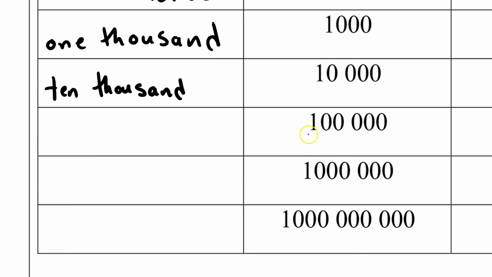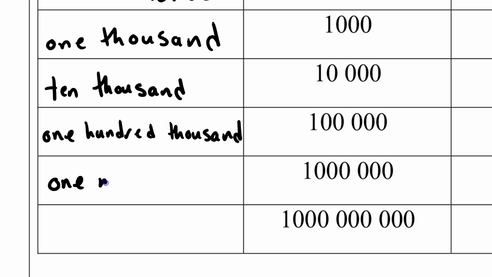This next one is going to be 100,000. The next one here is going to be 1,000,000. And then from 1,000,000 we go 10 million, 100 million. This isn't going to be 1,000 million, but it is going to be 1 billion.